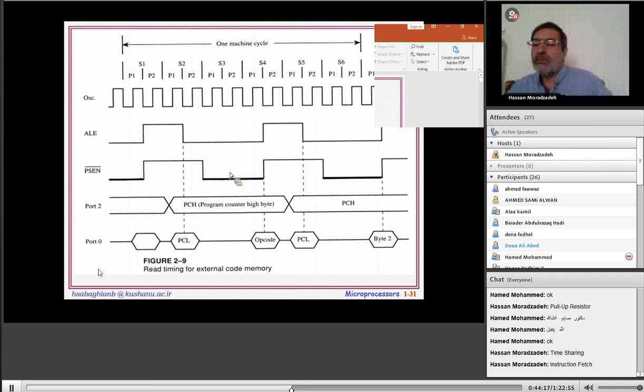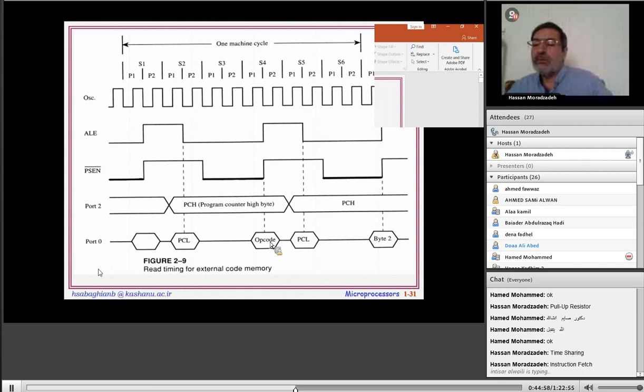After some delay, to this time, the CPU gets the opcode from the memory, from the RAM. Why? Because this pin was activated for some time. What is this? Program store enable bar. After this time, lowering this pin means read.